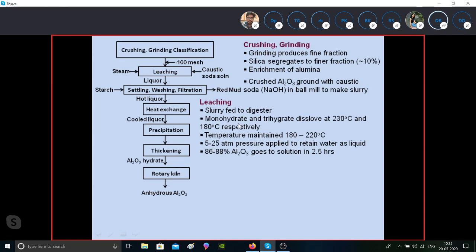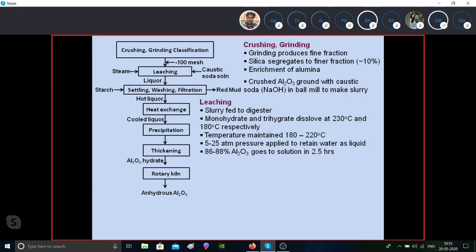The leaching vessel is called a digester. This digester is an autoclave. Have you heard the name of autoclave? No, sir.